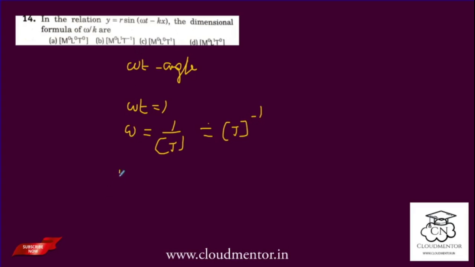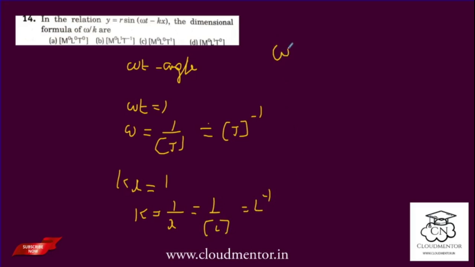Also kx is an angle, so it is dimensionless, so k will be 1 by x, and x is length, so k is L raised to minus 1.